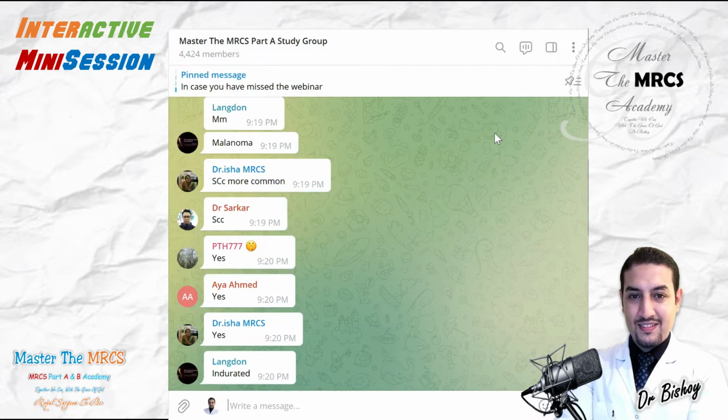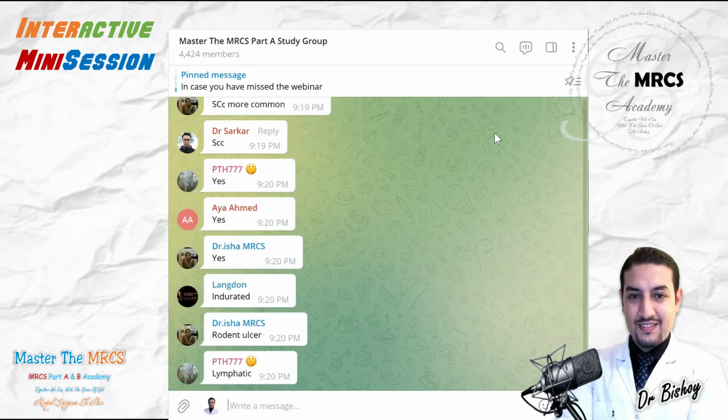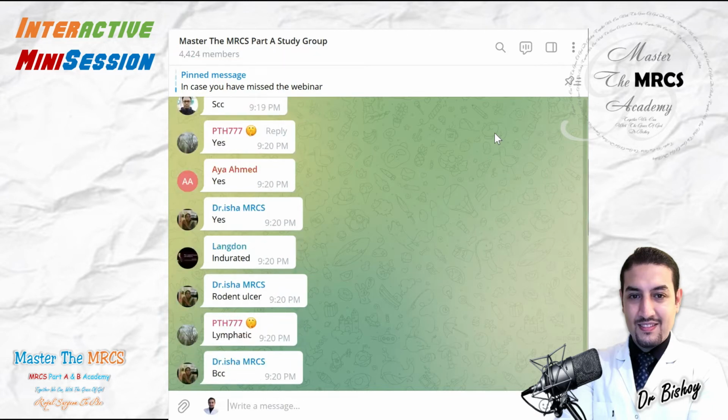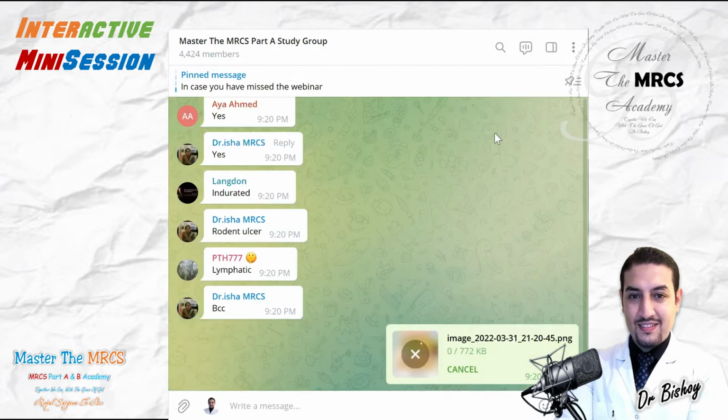Let's have this funny diagram. I like it. It collects the main differences between basal cell carcinoma and squamous cell carcinoma. And in real life, this will be a guide to show you.